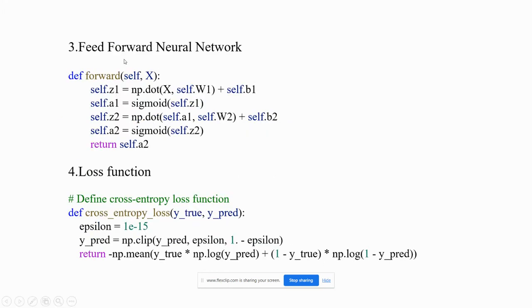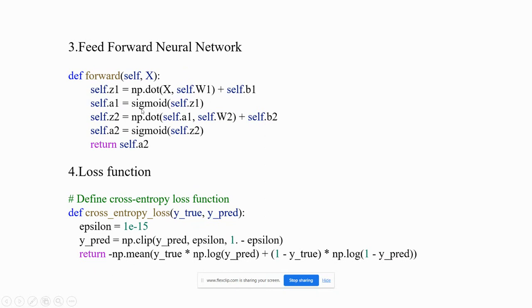After that, we'll see the feed forward neural network. This is the code for the feed forward neural network. Initially, we are doing the np dot operation, that is multiplication of input with the weight, and bias is added. This is given to the hidden layer.